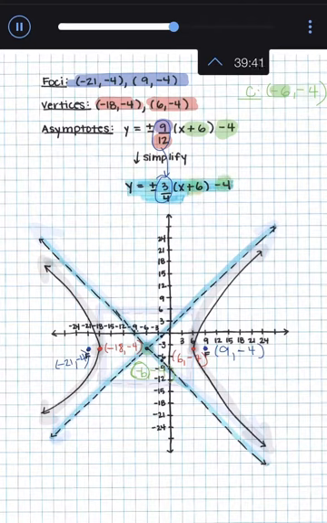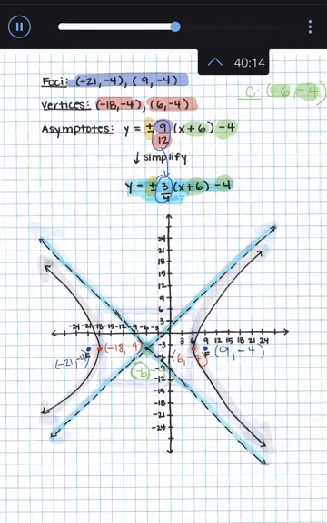The plus 6 is the opposite and stays on the inside. Okay, so you can leave your equations like that. You don't need to distribute. And again, the key thing to not forget is that plus or minus symbol out in front. Why? Because there should be two asymptotes that basically go through the same center, the negative 6, negative 4, but one has a positive slope and one has a negative slope.